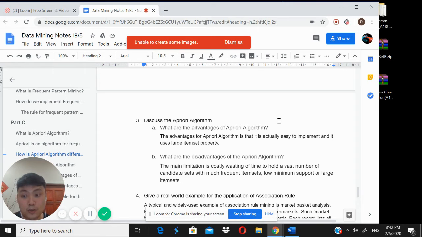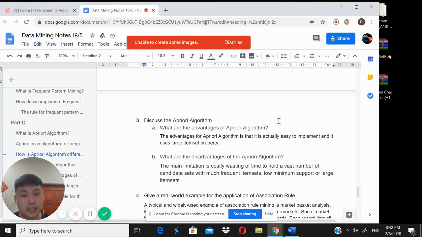It is also easy to use because we can compare specific items with other items and find out the probability and the relation between them, and how likely those two will occur at the same time.